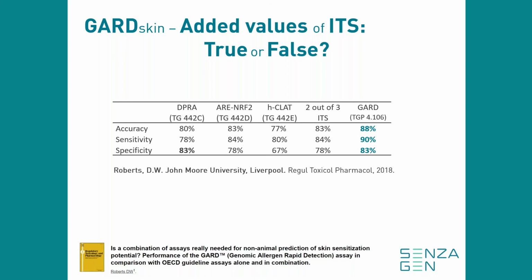He identified the largest subset of compounds that had been tested both in the GARD assay and in the other 3 OECD validated assays. His overall conclusion was that the GARD assay outperforms all these assays, both on an individual level, but also if they were combined into a 2 out of 3 testing strategy.